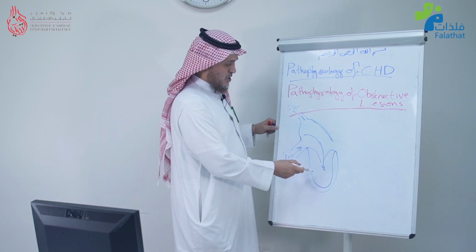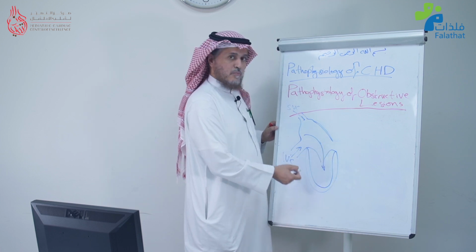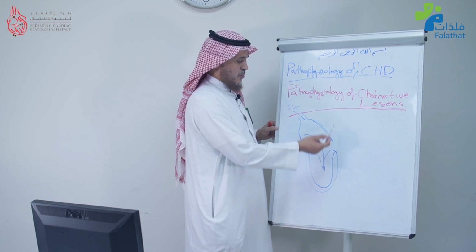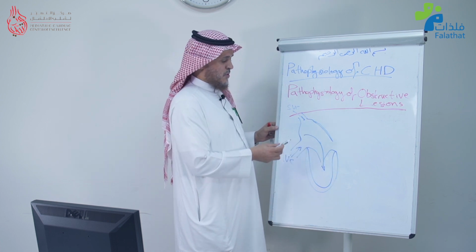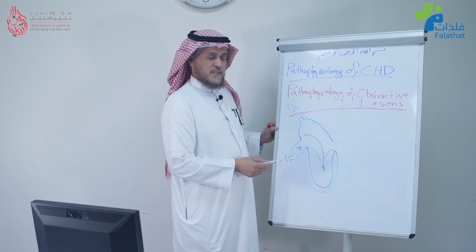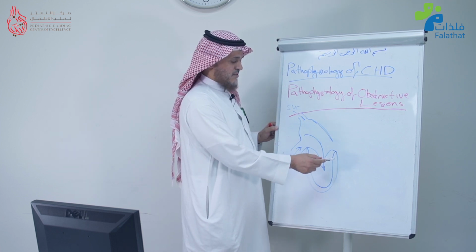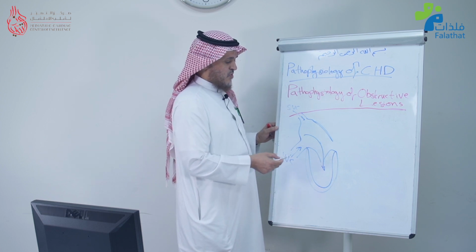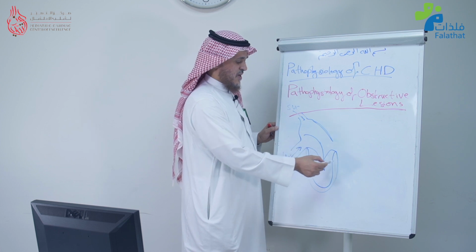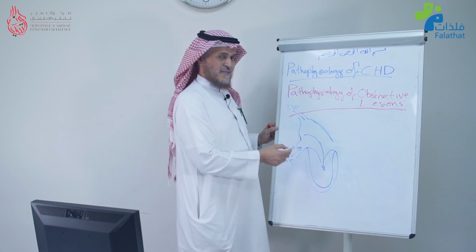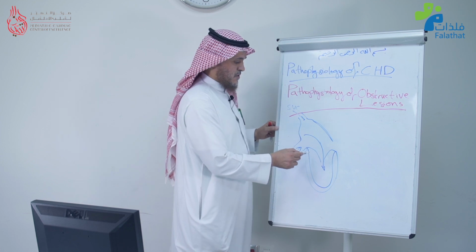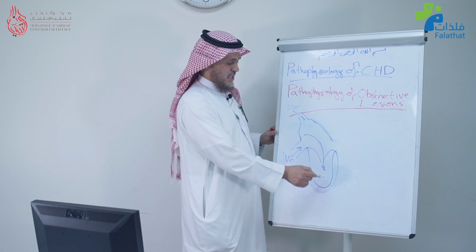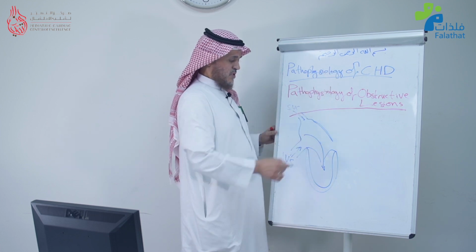The end-diastolic pressure, the RV compliance, and the size of the tricuspid valve plus the pulmonary vascular resistance will determine whether the flow can go in or not. We are assuming normal compliance, normal vascular resistance, normal end-diastolic pressure, and we're only now talking about tricuspid valve stenosis. If the stenosis is mild, usually there is no hemodynamic effect. That means the blood still can go in easily and be pumped to the lung.